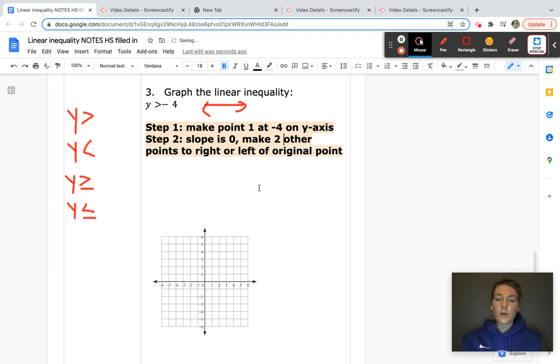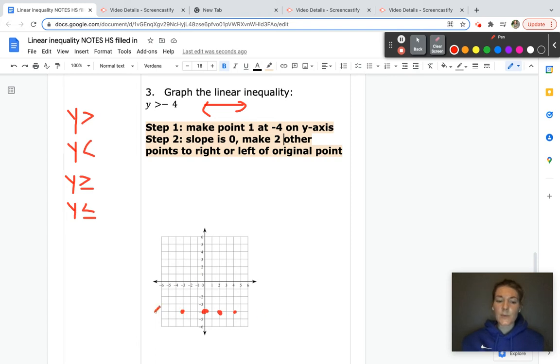So we're just going to make our other points to the left and to the right of our original point. It means that we never change from this -4 on the y-axis.